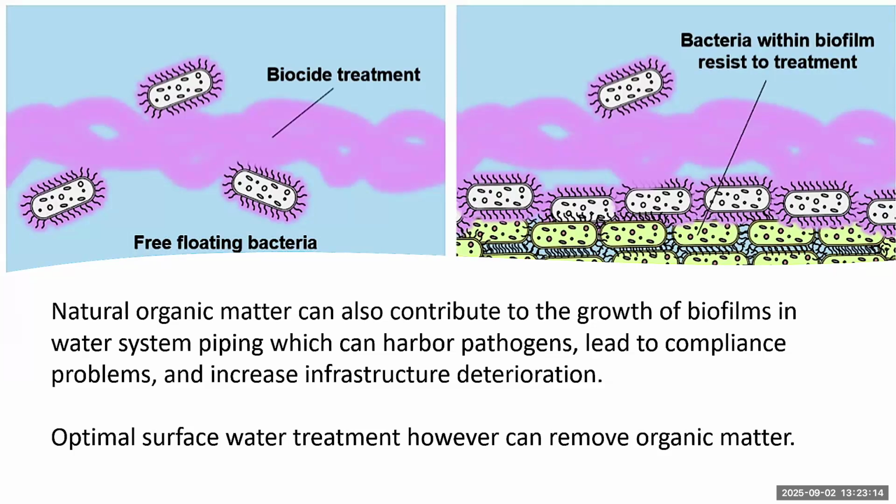That biofilm is a host. It's a great place for pathogens. So if we can take all that stuff out before it gets out into our distribution system, we'll be that much better off.